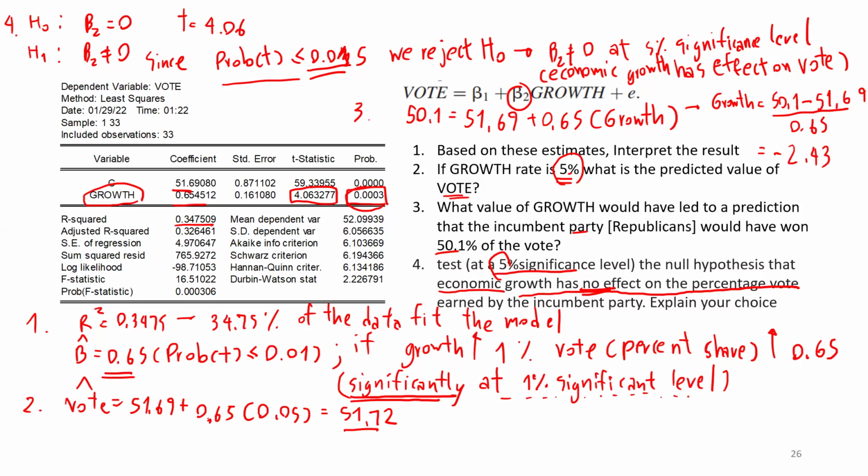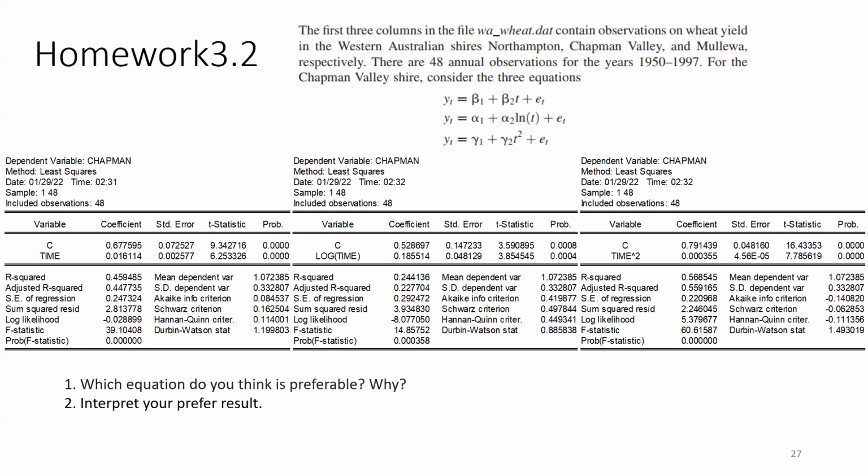Okay, the second question, homework 3.2, I gave you three models. If you use EViews, you can reproduce the same printouts as in the question. First question, which equation do you think is preferable? Why?